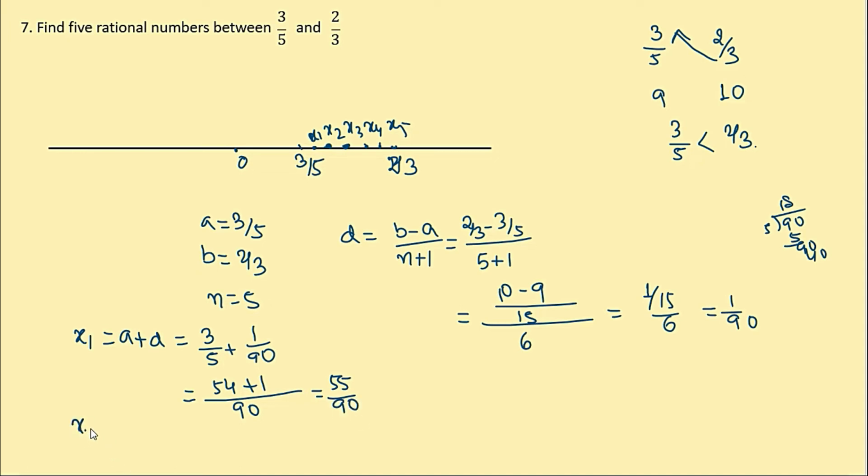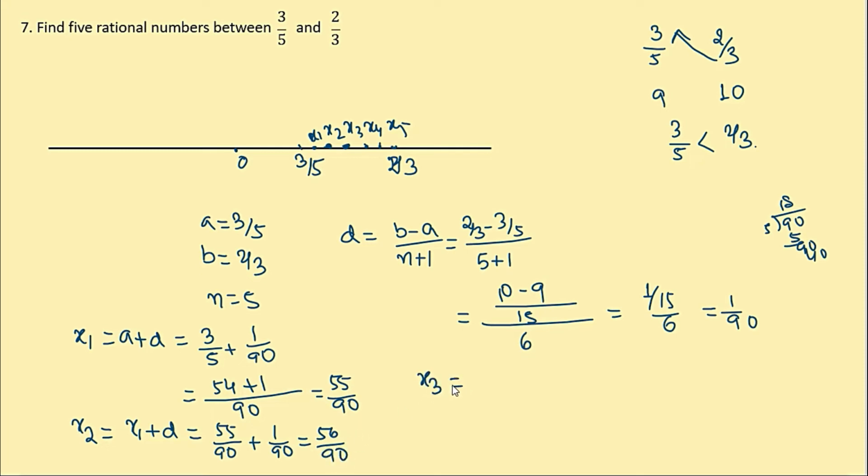Okay. X2 is how much? X2 is X1 plus D, that is 55 by 90 plus 1 by 90, that is 56 by 90.